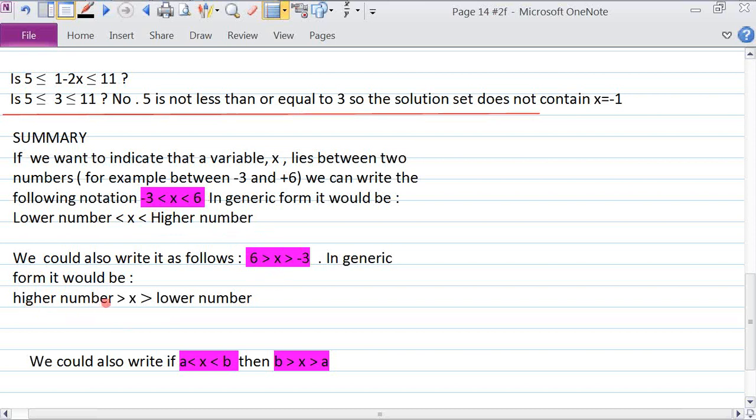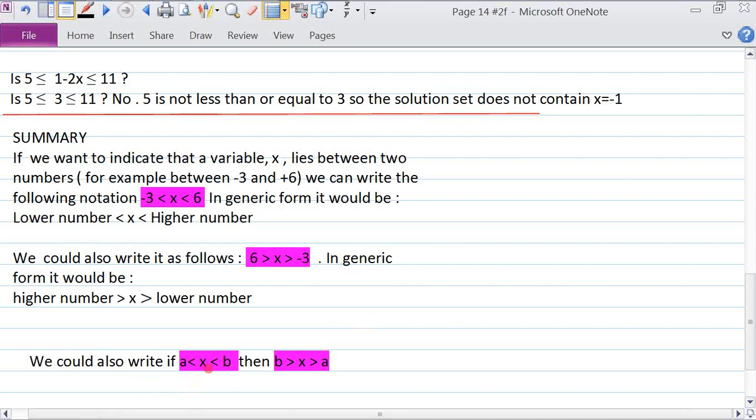So we're going from the higher number, greater than x, to the lower number. For example, if I chose a number between 6 and minus 3, I could choose 2. Is 6 greater than 2? Yes. Is 2 greater than minus 3? Yes. So we could write it like this.